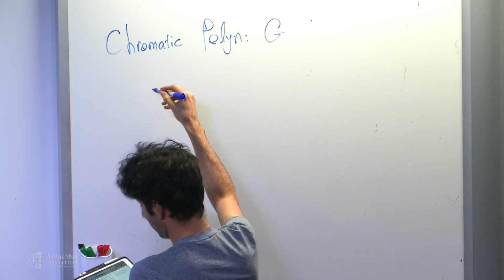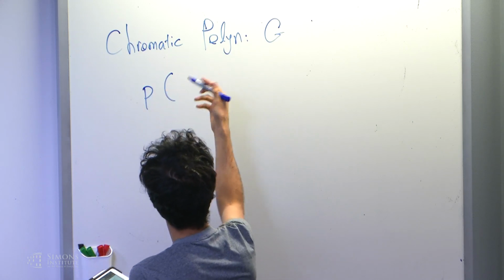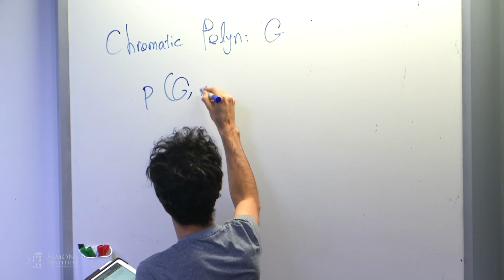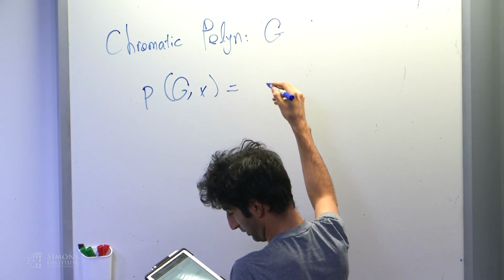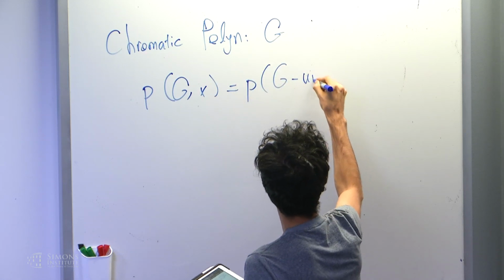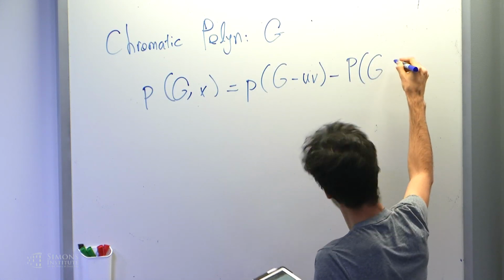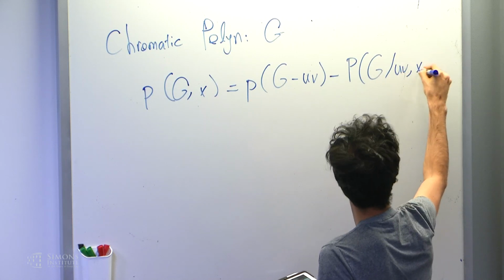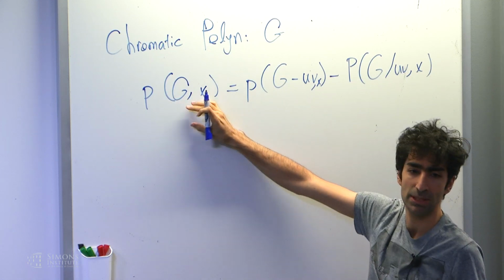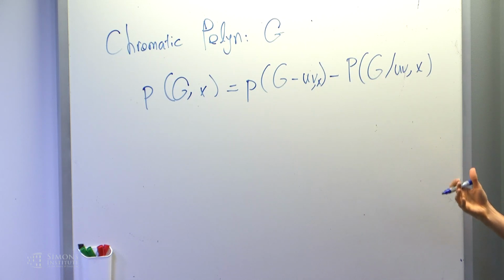So let's say it's a recursive definition, which just says that if P is the chromatic polynomial, P of G, x is equal to P of G minus uv minus P of G contracted uv. So by this I mean the chromatic polynomial of G in terms of the variable x is this minus that, and there's a very simple proof.